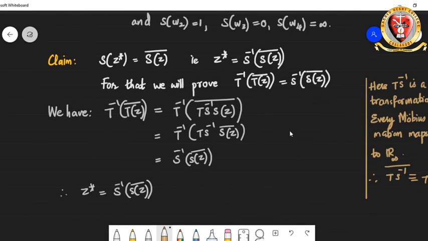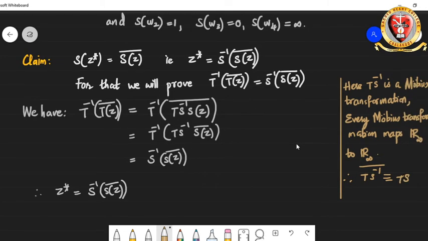So we are going to take T inverse of T of Z the whole bar is equal to T inverse of, we are just including an S inverse S, that is nothing but the identity. So I can do that here, right? And from there we are going to have a change.